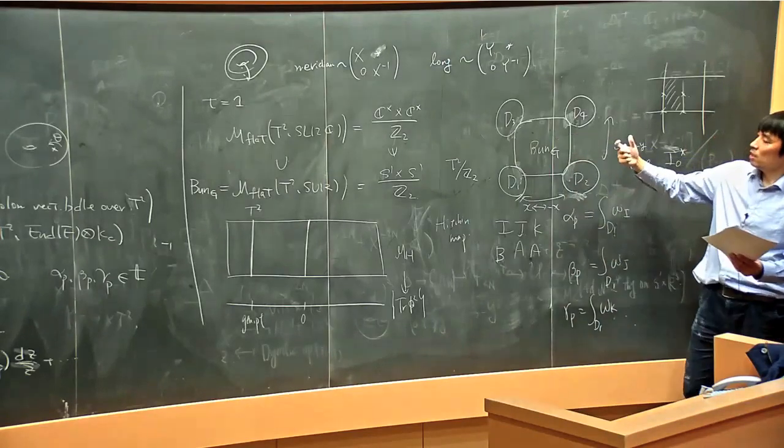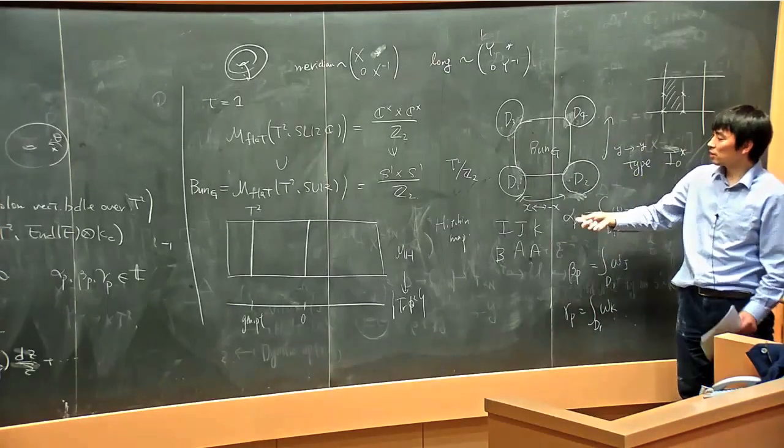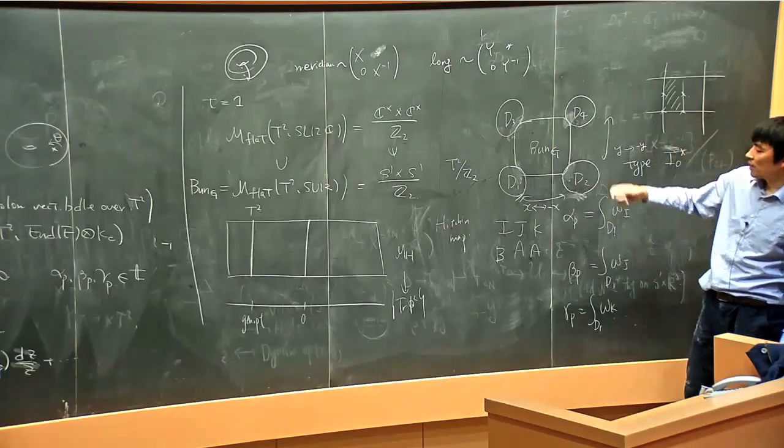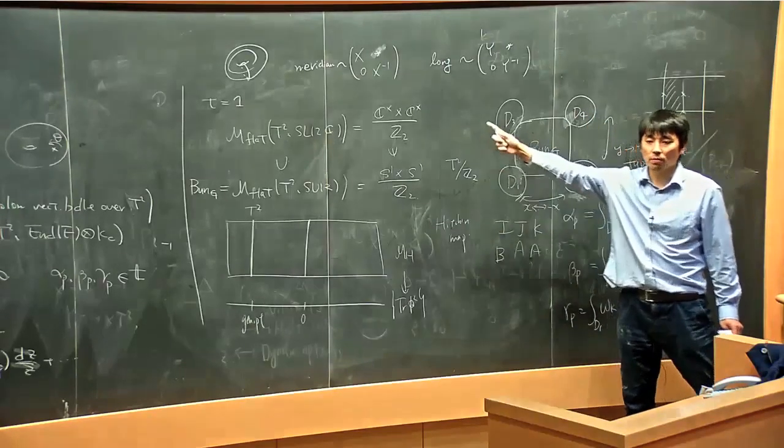The Hitchin map tells you that these exceptional divisors are Lagrangian, however, they are in general no longer of BA type once you turn on the holonomy.